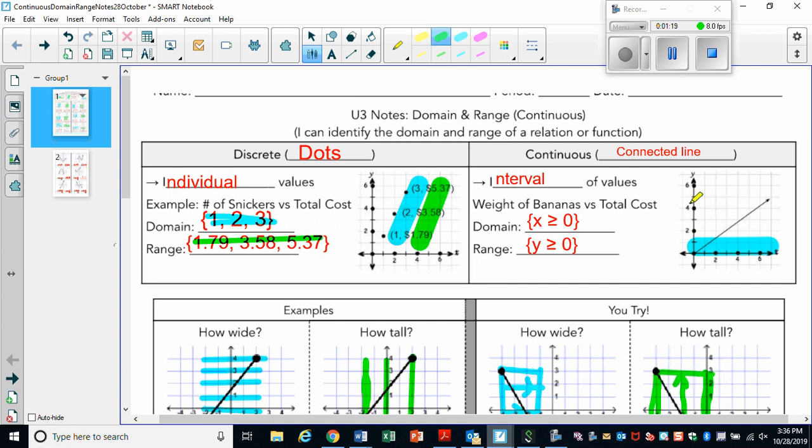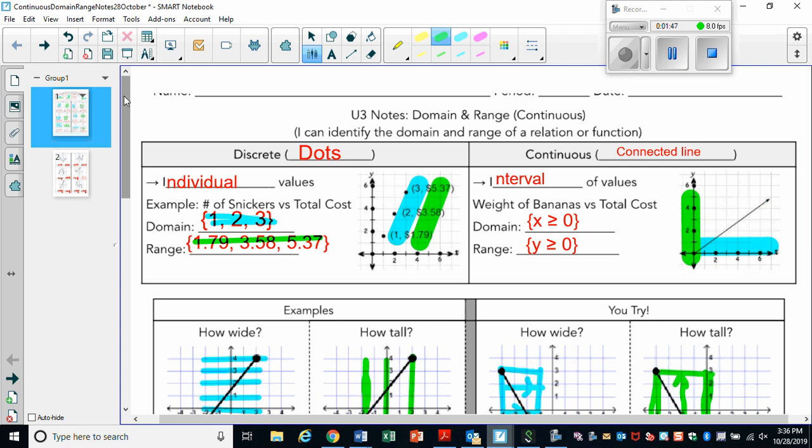That helps us get the range, which would be y such that y is greater than or equal to 0. So it's all our positive numbers, because the arrow is not only going from left to right from the y-axis, but from the x-axis it's going eventually up in the positive direction.